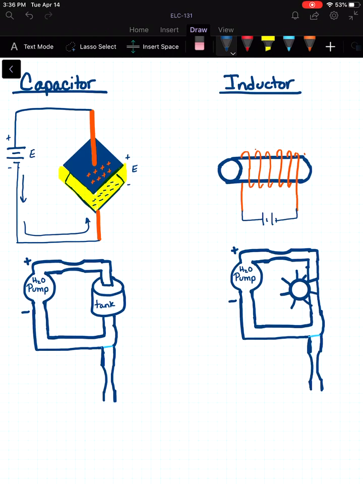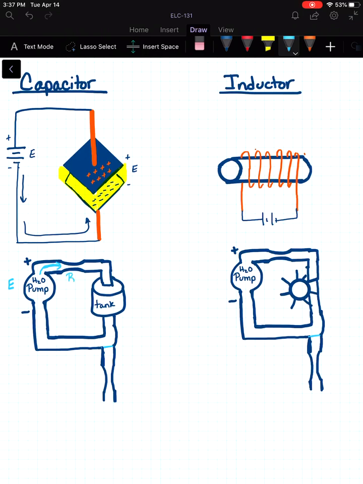So here's a little analogy for you with our water pump shown below with a capacitor. Our water pump is like our voltage supply, and it's going to be pumping water into our circuit. Notice when we get to this constricting point in the pipe, that's going to slow down the flow of the water.